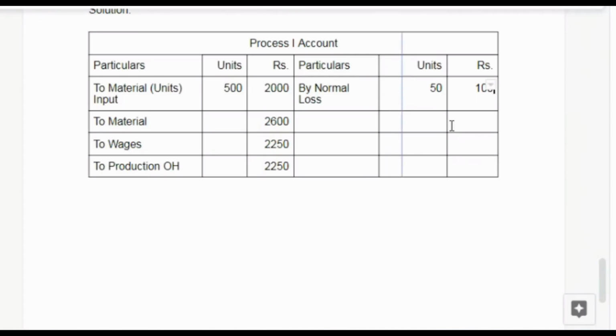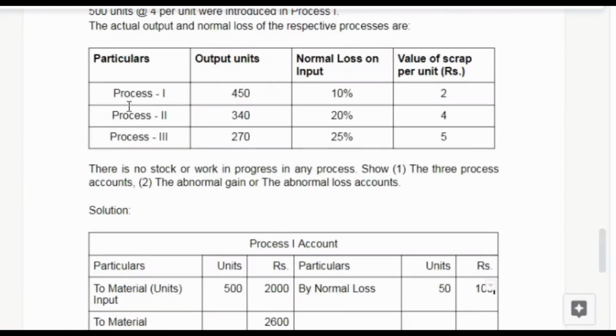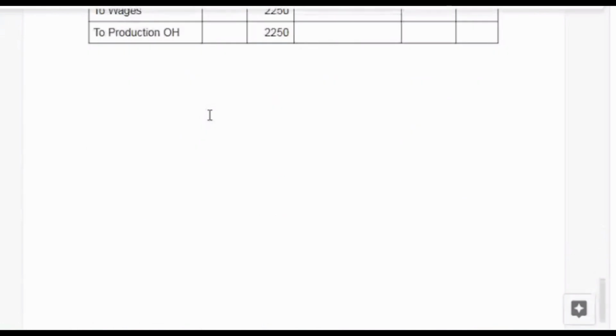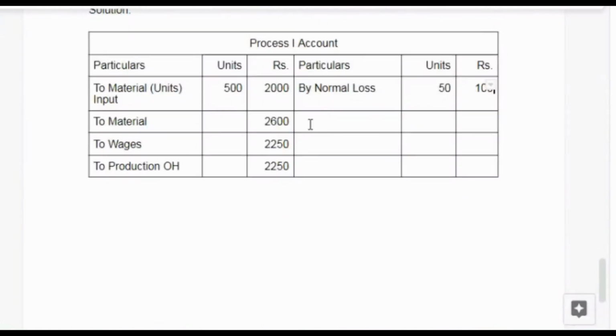So these are the procedures for recording the entries. And now in the additional information, he said that at the end of process 1, there is an output of 450 units. So output of 450 units, that means what? You get the finished goods, and that will transfer to the next process.